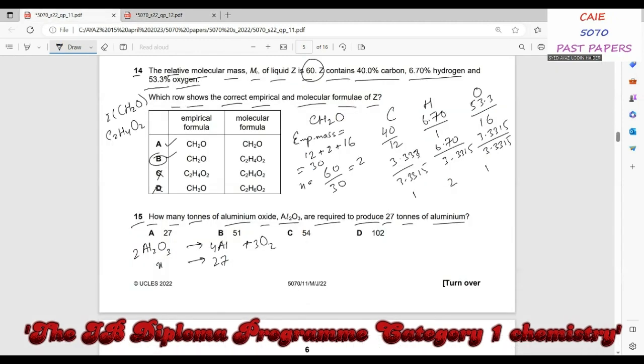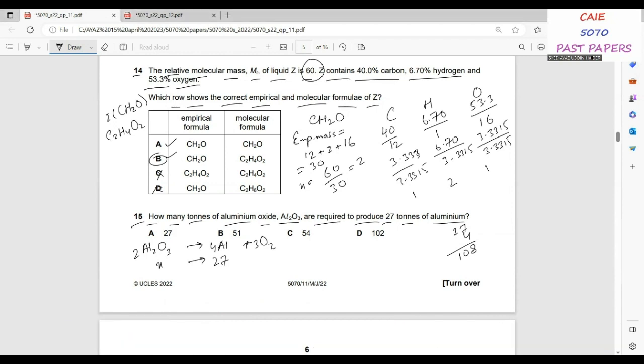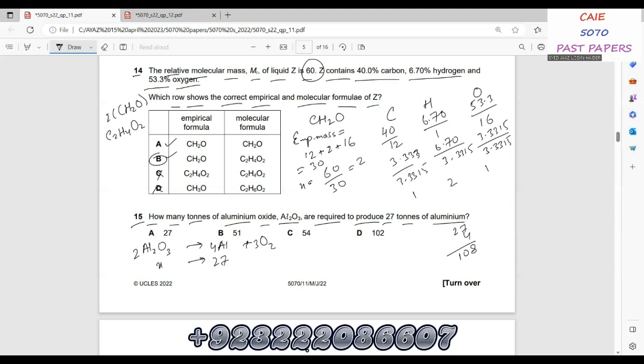So 2 multiplied by 2 is 4. 4 multiplied by 27 is 108. For oxygen, 2 multiplied by 3 will be 6.